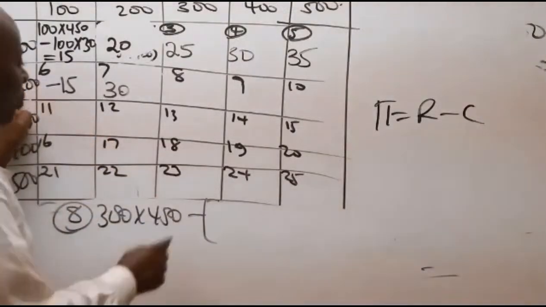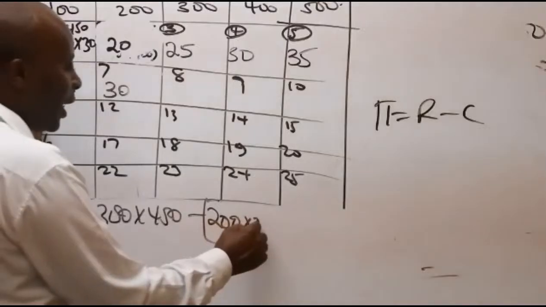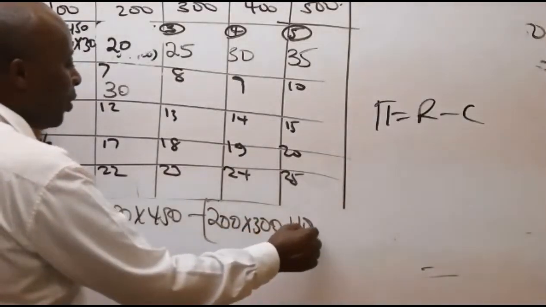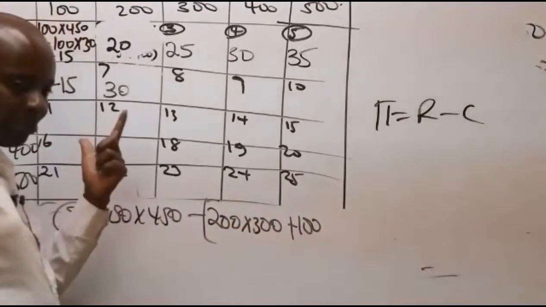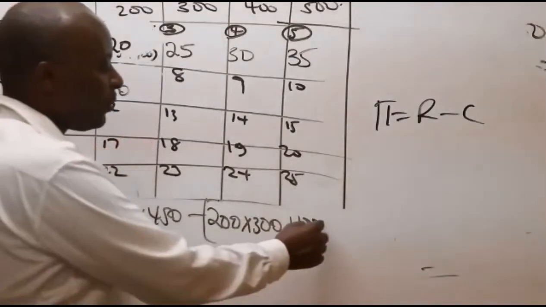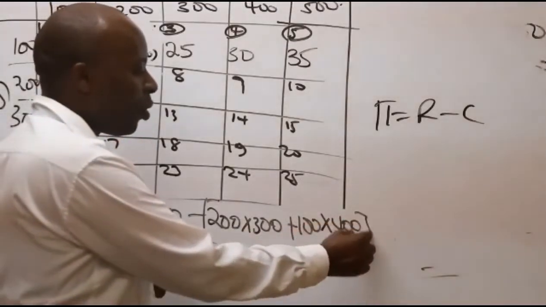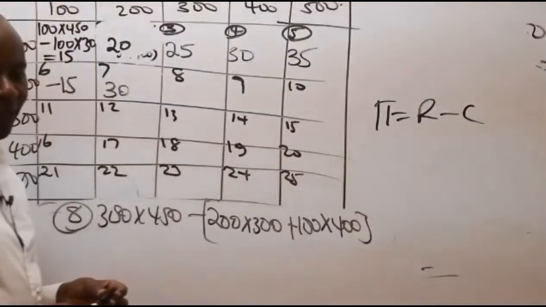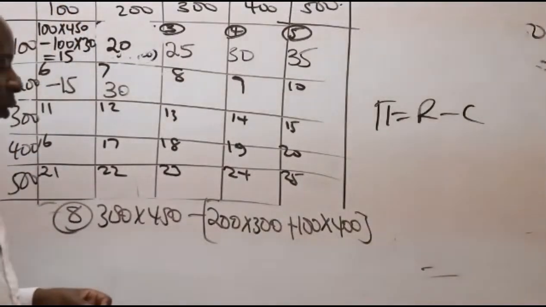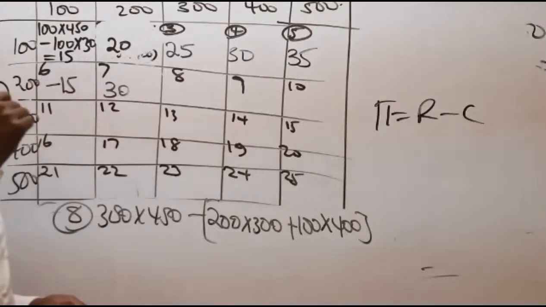There is the normal cost of producing 200 at 300, plus 100 more, because now we have to push up 100, times the cost of producing more, which is 400. Let's see whether it will come to 0, Njeri, or 25. Can somebody confirm?